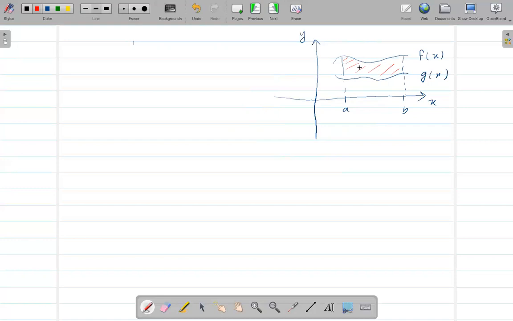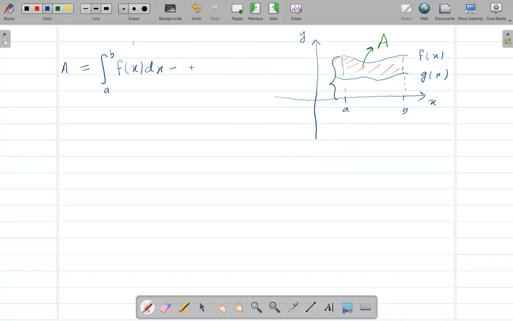Now I need to find this area. To find the area between these two functions, let me say area A is from A to B. First I take the integral of f of x dx, which will give this whole area.